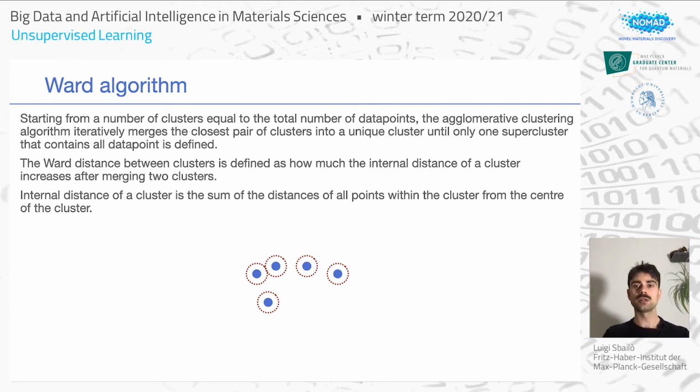Okay, so now this might seem complicated, but it's not. So let's try to understand what this means. The internal distance of a cluster is how far each point is from the center. So you can think about it as variance. A compact cluster is minimizing the internal distance.